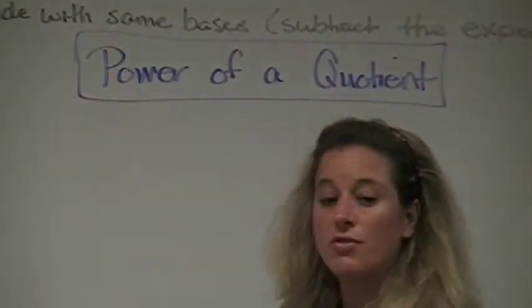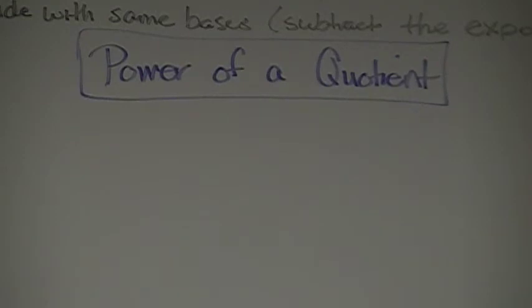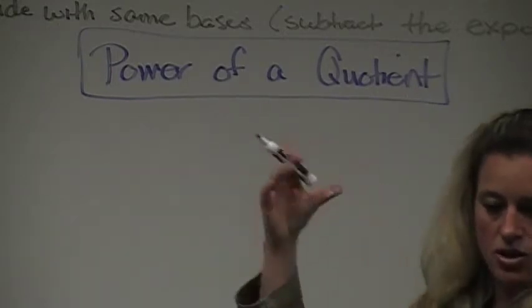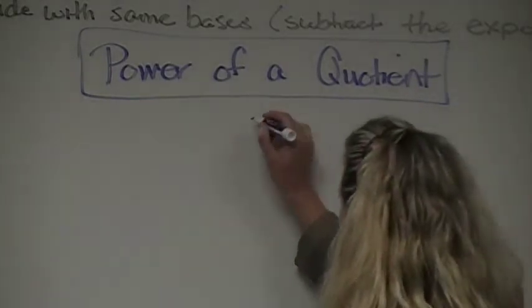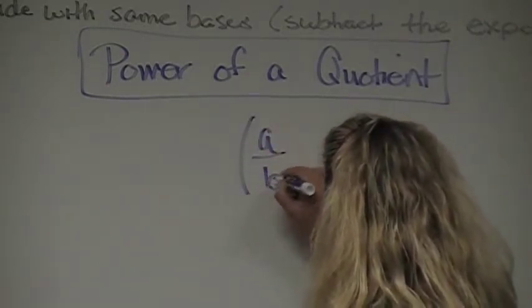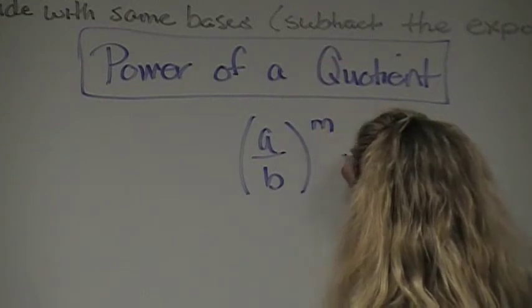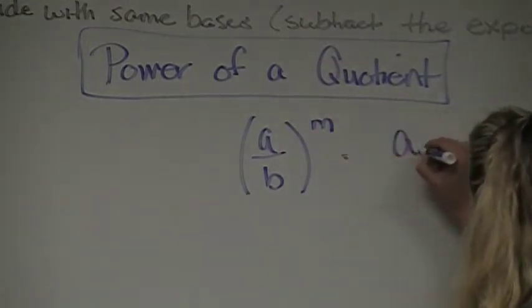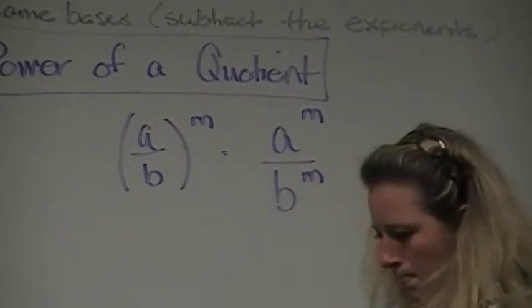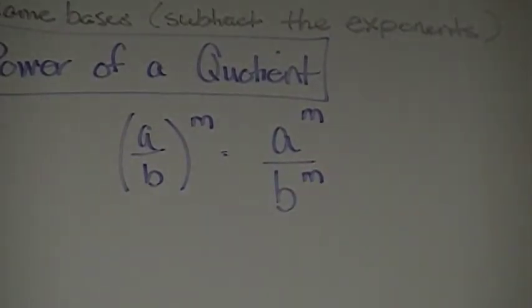So now we have power of a quotient, which means that when we have a fraction inside the parentheses, we have to raise everything inside to the power outside. So this says that we have a divided by b to the m power, means that I have to raise the numerator to the power outside and the denominator to the power outside. And that's what power of a quotient says.